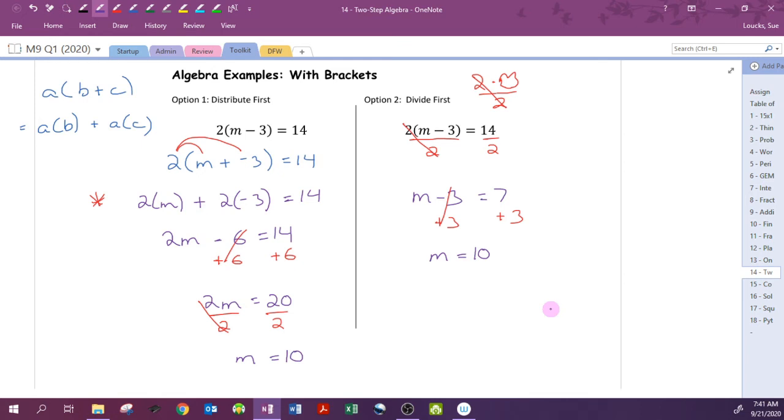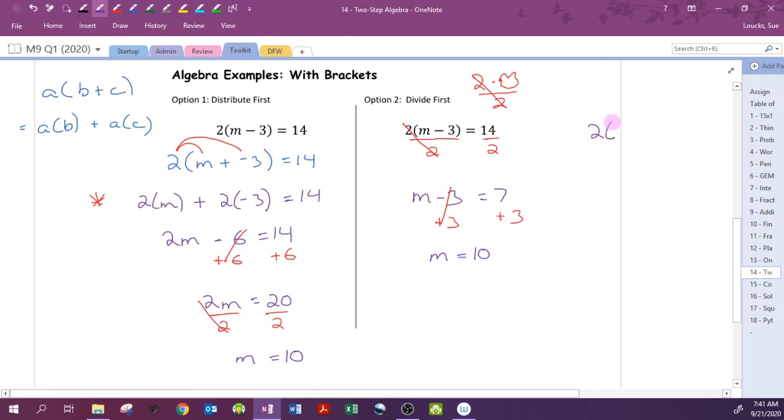Is one way better than the other? Well, they both have their uses. The dividing first, you're only going to use if it divides in a way that makes sense. So for example, if this was, so don't write this down. This is just sort of my chicken scratch here.